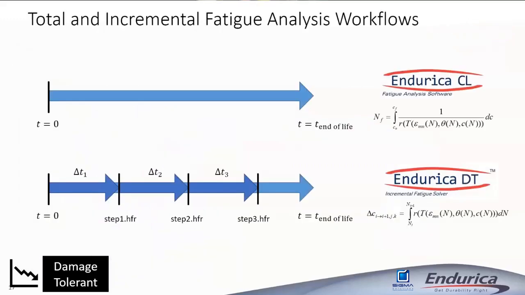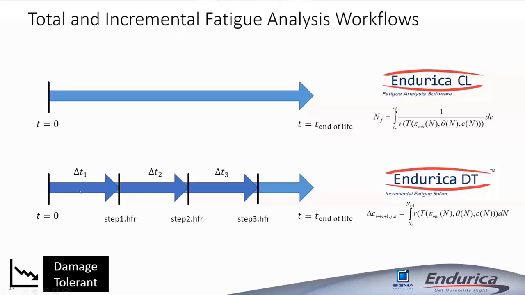I also want to talk briefly about the incremental analysis. With CL, you're just predicting repeats of a given load case. That load case can be as complicated as you want, but it's just repeated ad infinitum until end of life. With Endurica DT, you can model a block cycle schedule.